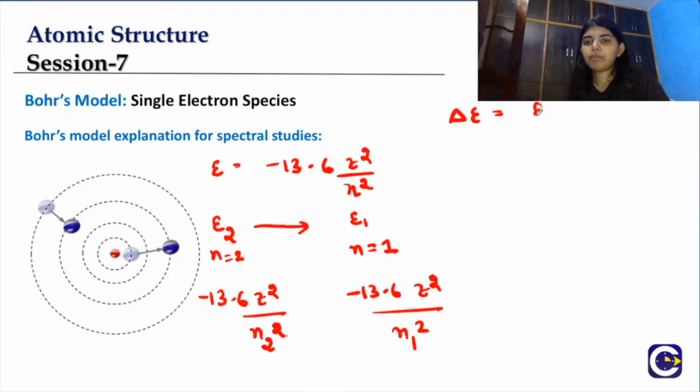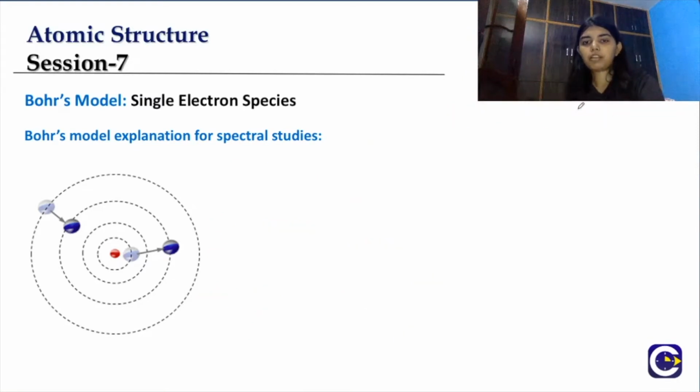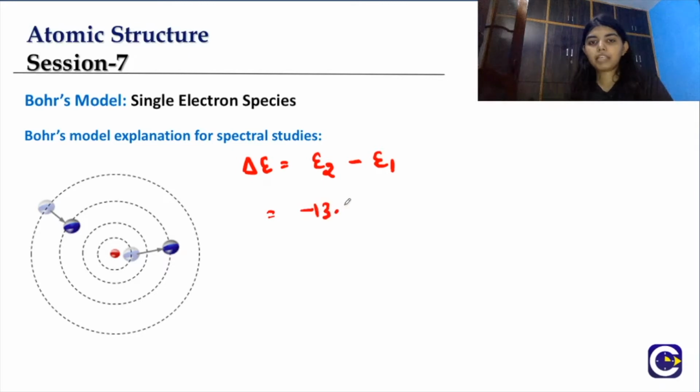So delta E will be equal to E2 minus E1. So this will become minus 13.6 Z square upon N2 square minus of minus 13.6 Z square upon N1 square.